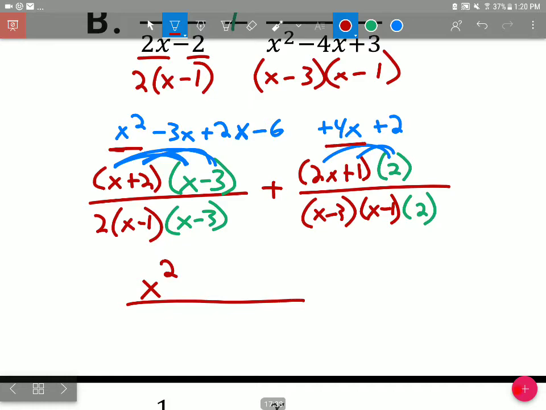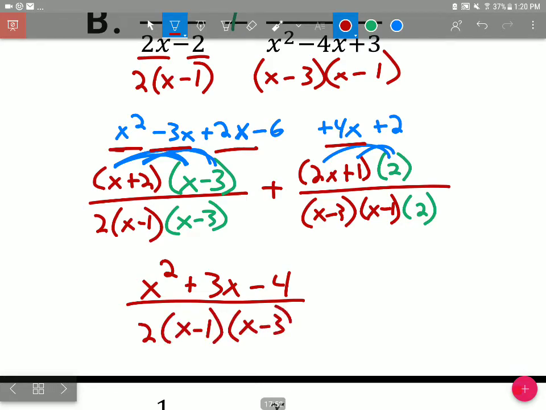That's 4, 5, 6. -3 is 3. All right. How many units do you have? -4. All over 2x minus 1, x minus 3. Cool. You starting to feel a little better about this? Yep. All right. So that is adding them together.